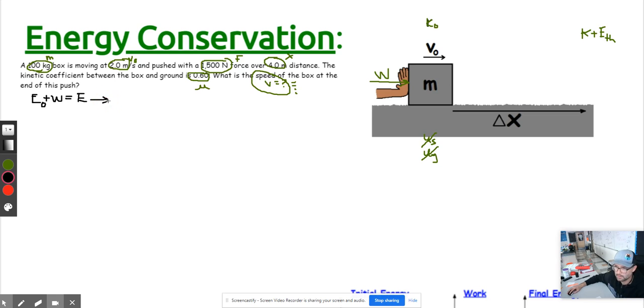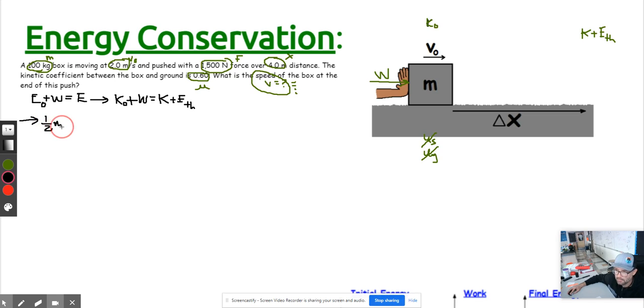So let's go ahead and write in the details here. We start with a little bit of kinetic energy, and we're going to do some work to that. And that's going to end up with some kinetic energy in the end, plus some thermal energy creation. Okay, and let's go ahead and do one more line of detail.